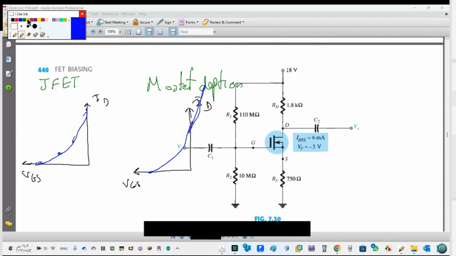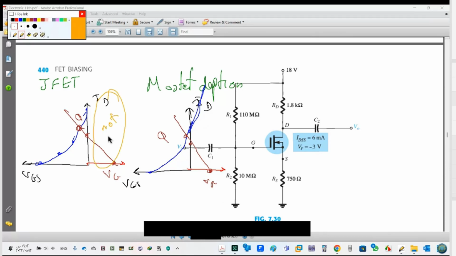So if I draw the load line and expand the line here, this is, for example, VG, another point will be here, another point will be here. Same thing here, this is Q. Same thing here with this Q. Nothing changes, except if I decrease my line in this area, but it is not working.